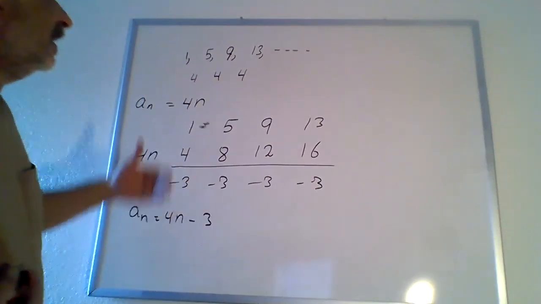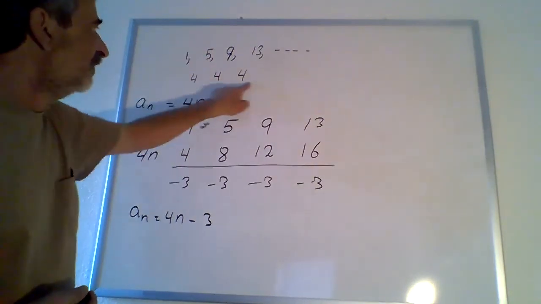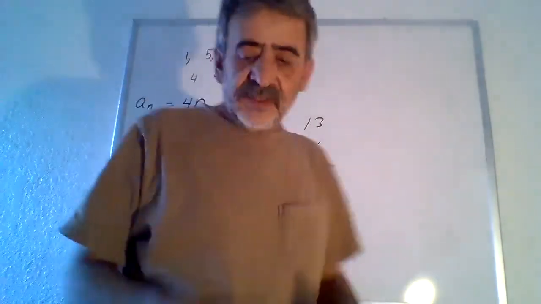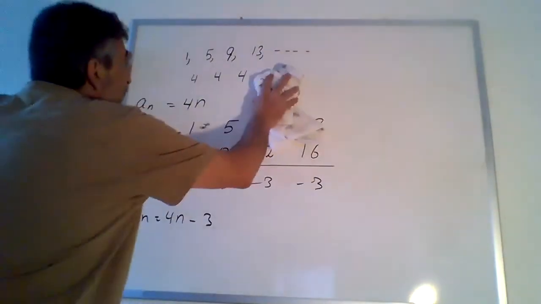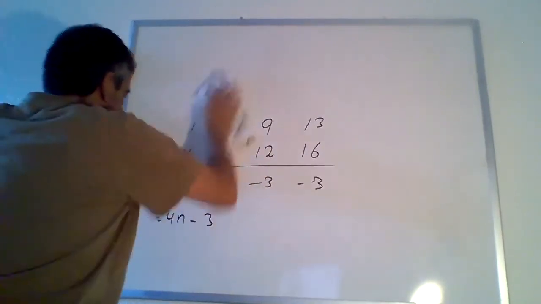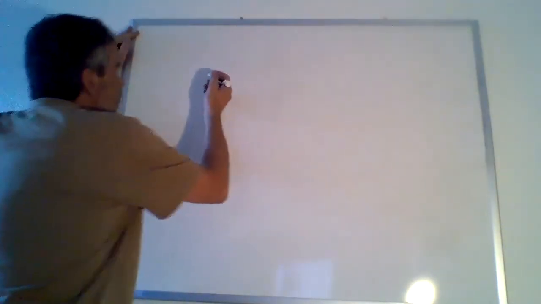Now, if it is linear, then usually we're going to start finding the repetition right away. What happens if it is not linear? Let's take another one. Let's start with, for example, the following sequence.